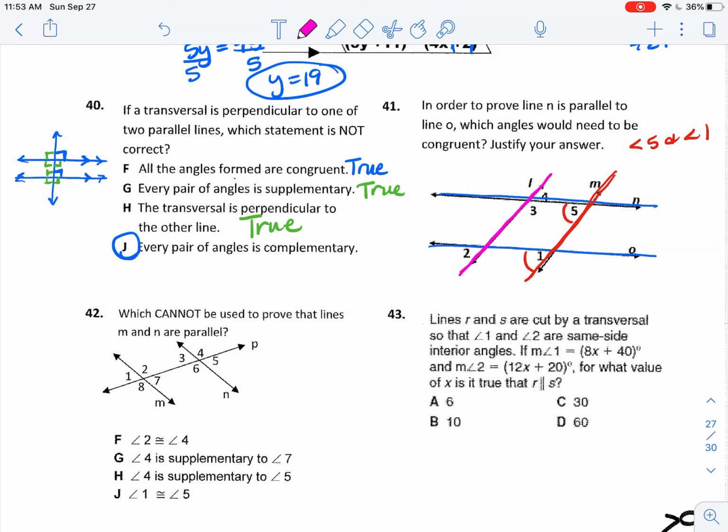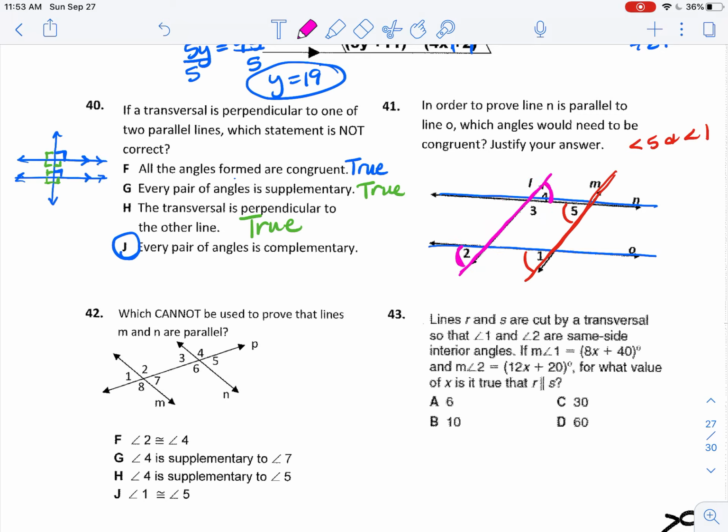Now if I were to use this line as my transversal, well then let's see, I don't have any angles that I could use. Not in these angle groupings, just because, oh no, is that a 4 right there? I could use angle 4 is congruent to angle 2.